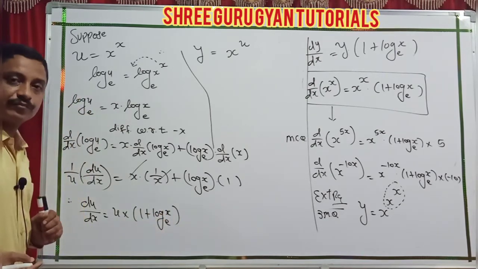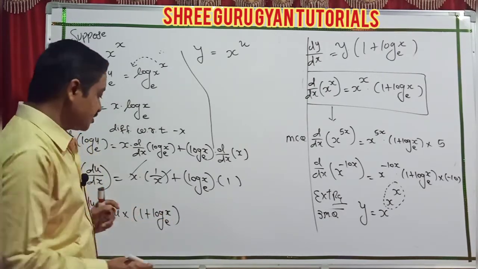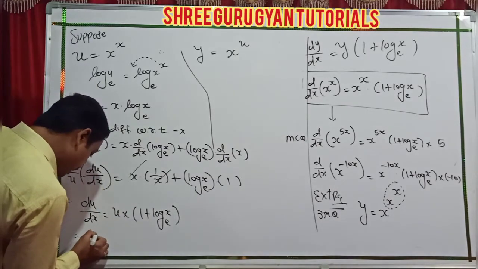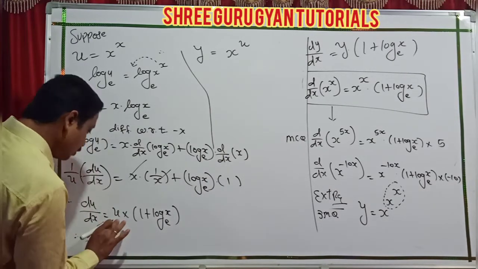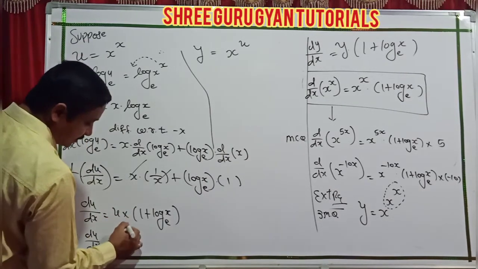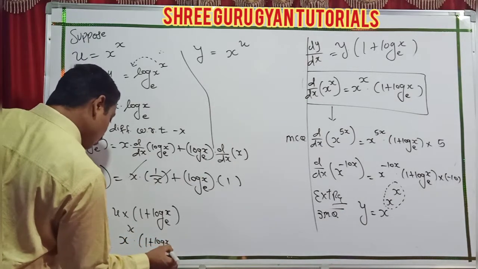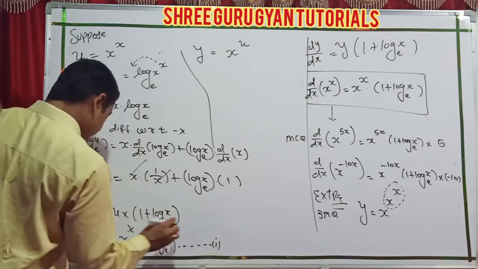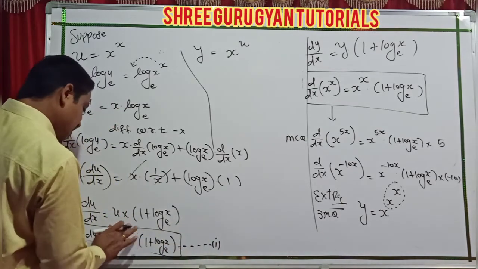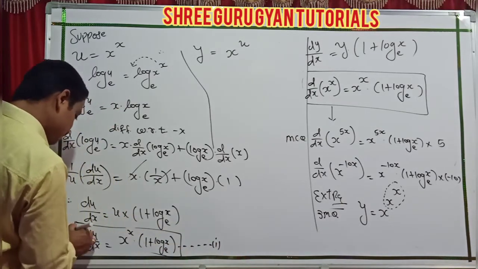Students, here I just put out the u value. So du by dx, this u I already know, x raised to x, into 1 plus log x base e, and here take out statement number 1. Up to that, half the numerical is done, students.